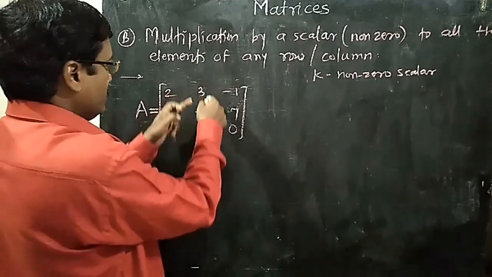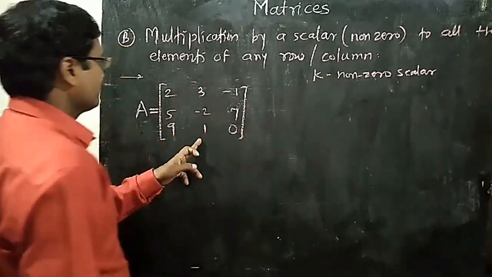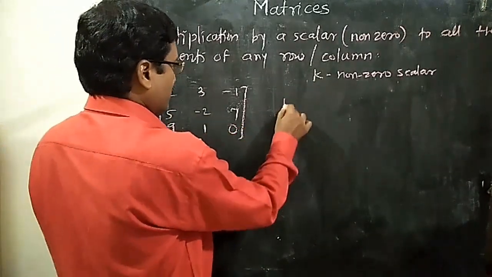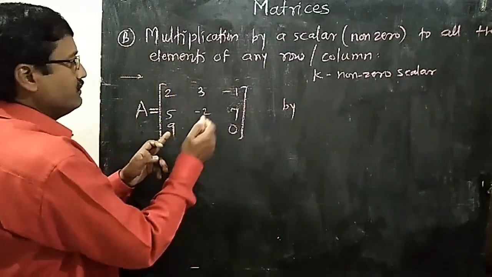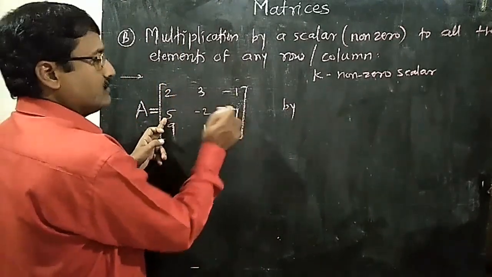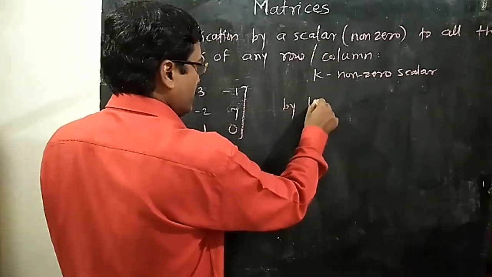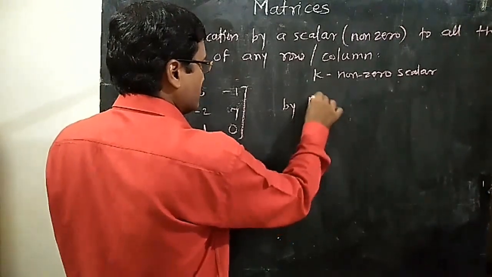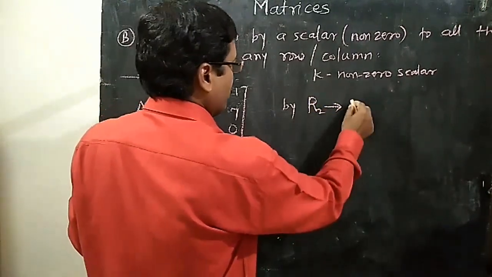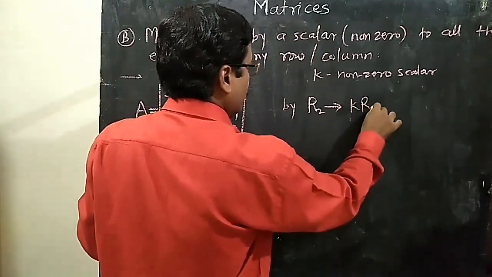Suppose we will multiply this second row by K, then we will write it as R2 implies K into R2.